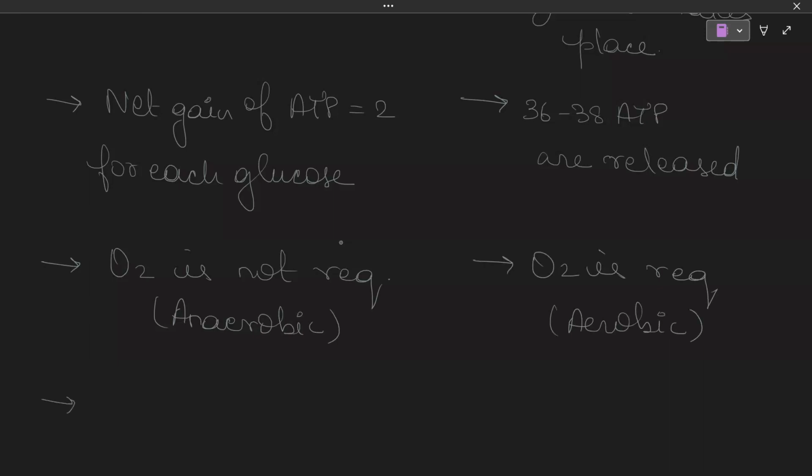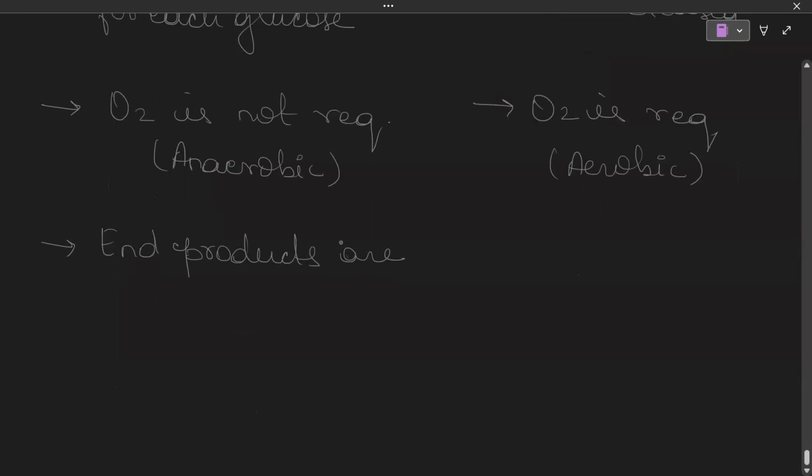Now, the next point says the end products in the case of fermentation. What are the end products? Ethanol plus CO2. Yeah, alcohol is there and lactic acid is there, right? Because both are products of fermentation only. So the end products are lactic acid or alcohol.